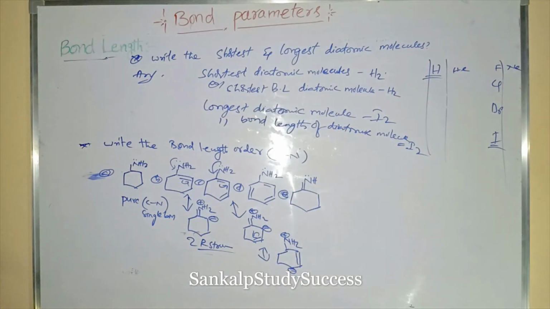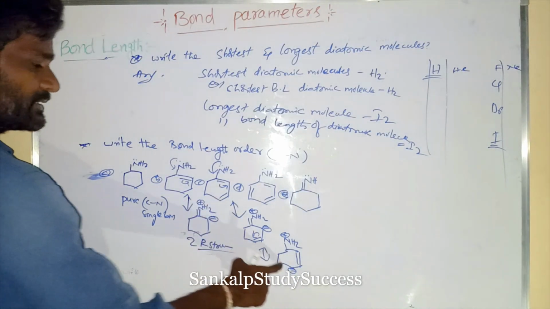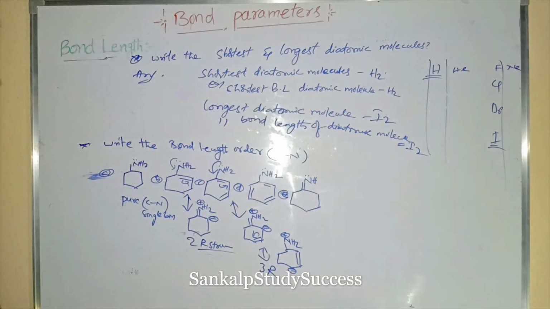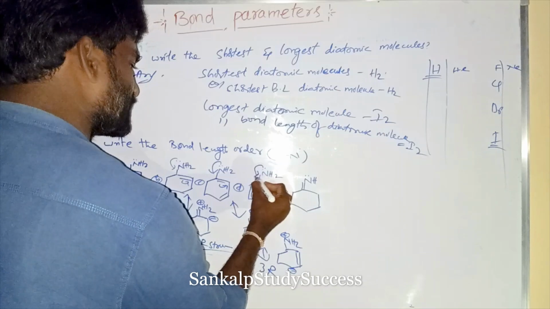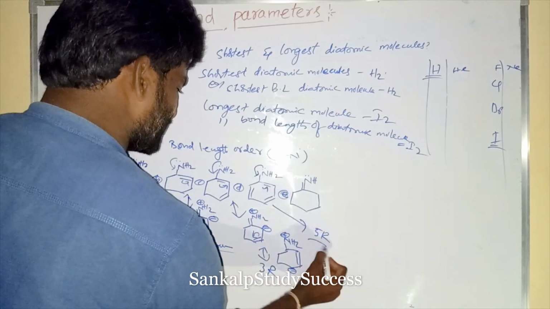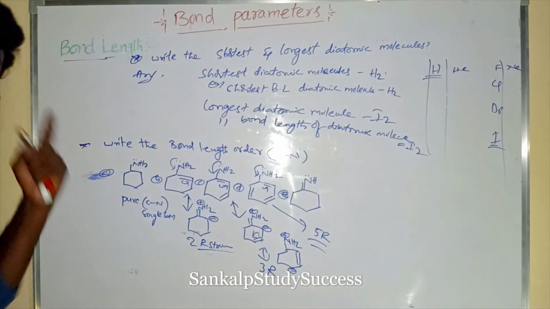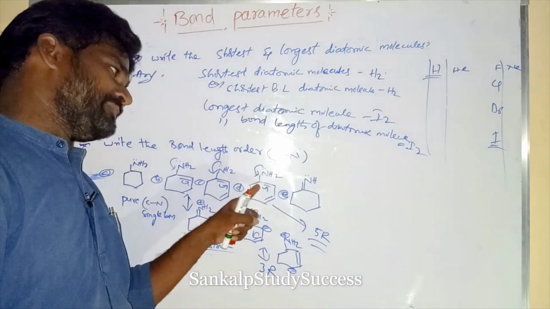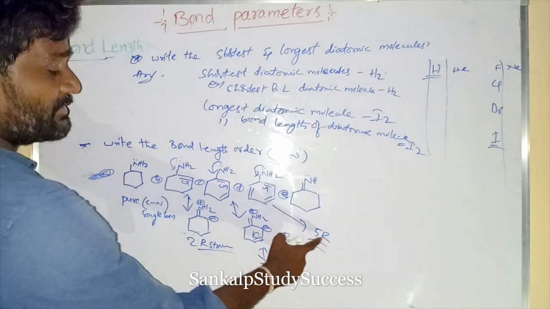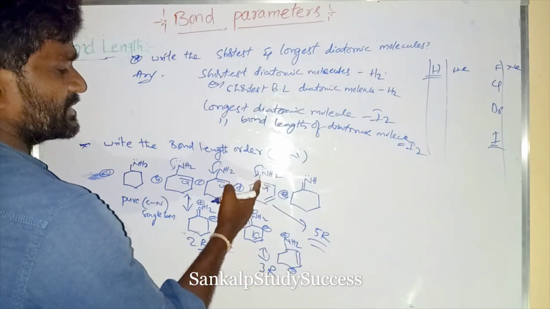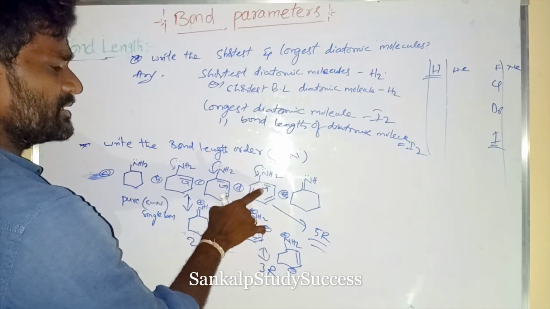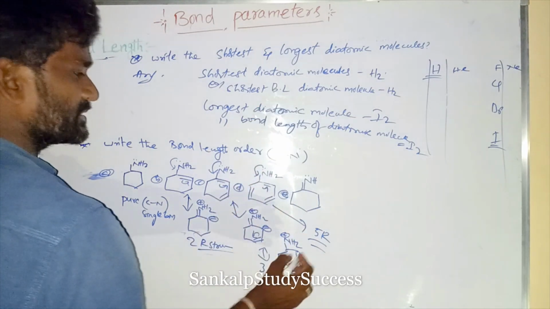So how many resonance structures are possible? 1, 2, 3. Three resonance structures are possible. This one also undergoes resonance and has 5 resonance structures, since Cl is present on the benzene ring and NH2 is present. Both have lone pairs, so that gives 5 resonance structures.